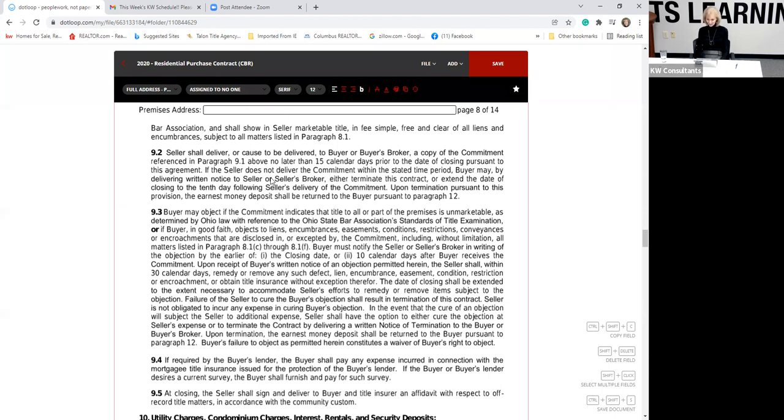So when you get this title commitment, you need to read through it and make sure your buyer reads it. And honestly, the title commitment did not say anything about the trees. But then at the closing, the deed did say that no trees could be cut down.